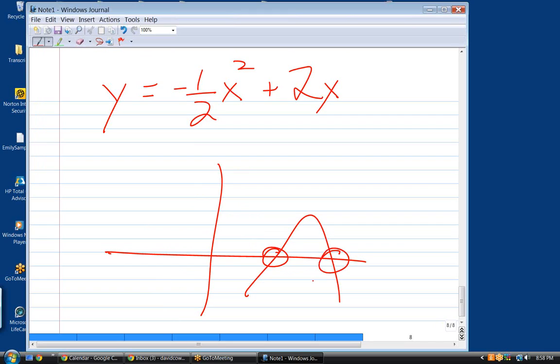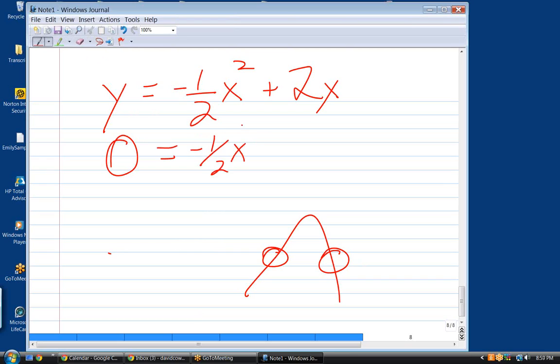What is y when it is at both of those places? 0. Now solve that equation. In other words, that's the way you get x-intercepts, by always setting y equal to 0, and then you solve for x.